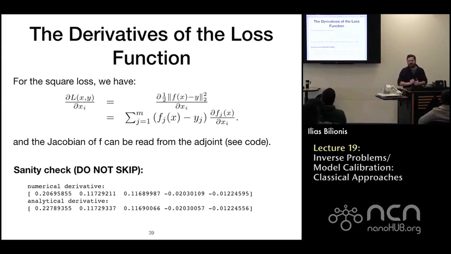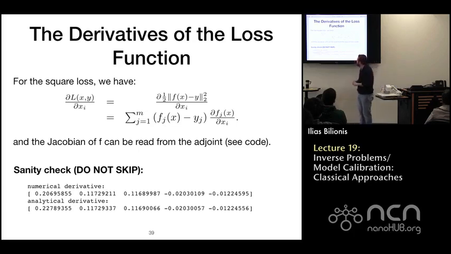with a numerical estimation of the derivatives. I show you in the handout how to do that. You can use finite differences to estimate the derivatives, and then compare with your analytical results. And they should match.